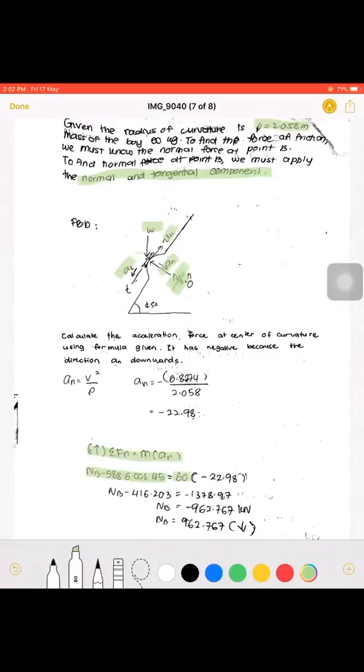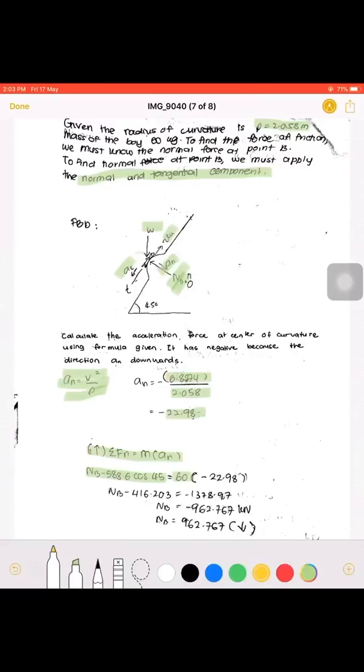Then AN we do not know, so we must find AN. The AN formula is V squared per rho. We substitute the value of velocity at point B, 6.8774, which we get from the previous calculation, then divide by rho to get the answer.